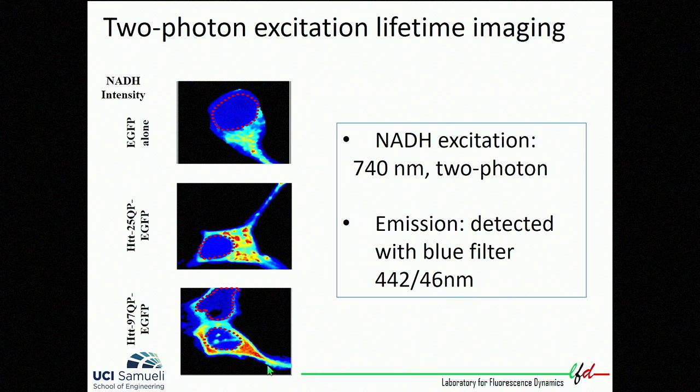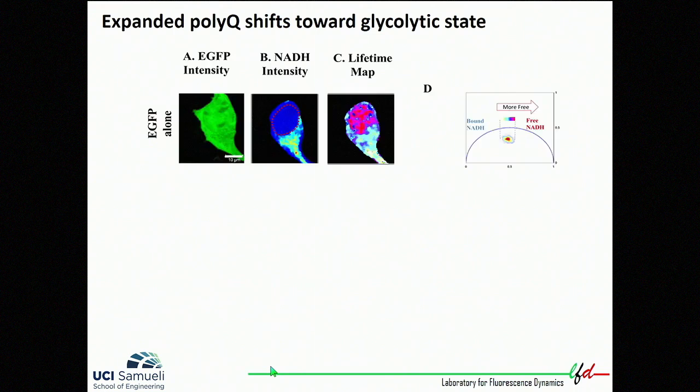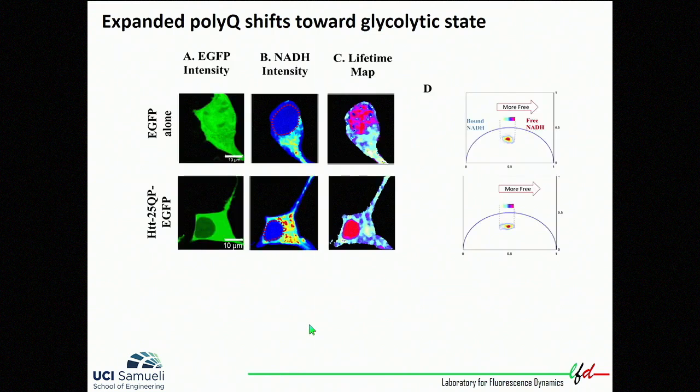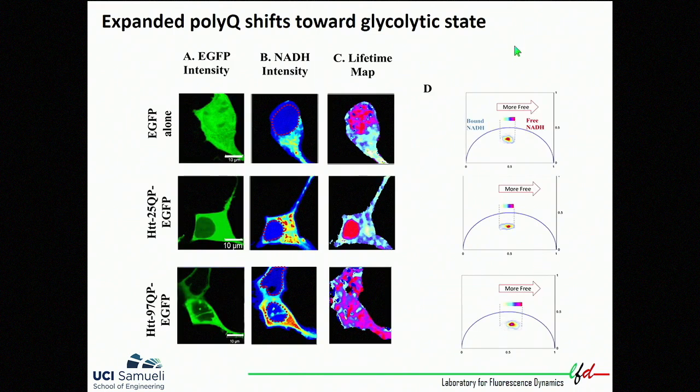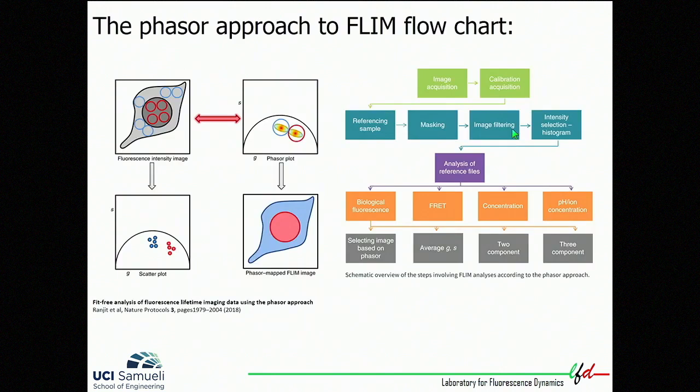In principle, we don't need to label these cells with GFP, just to note where the actual Huntington protein is being expressed and forming inclusions. And with our trajectory, what we see is that from the wild type or normal cells, we see a shift in the amount of free NADH as this expression is increased.